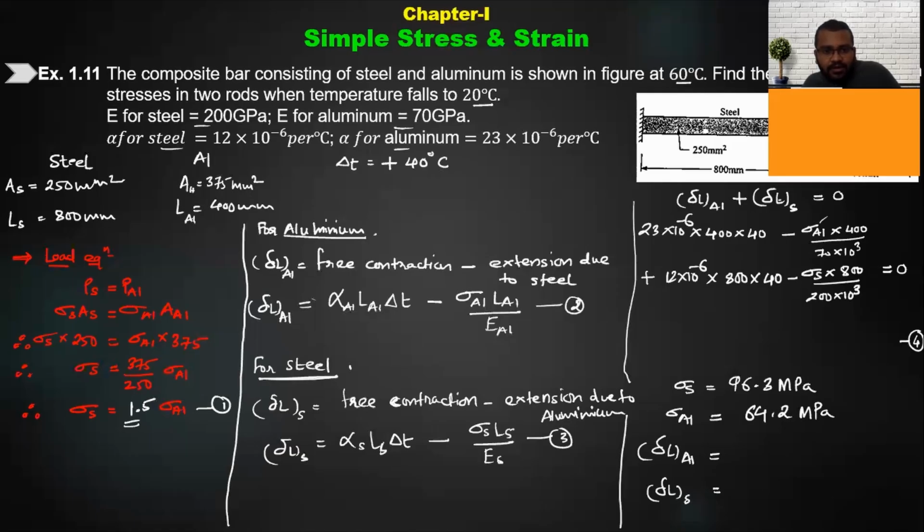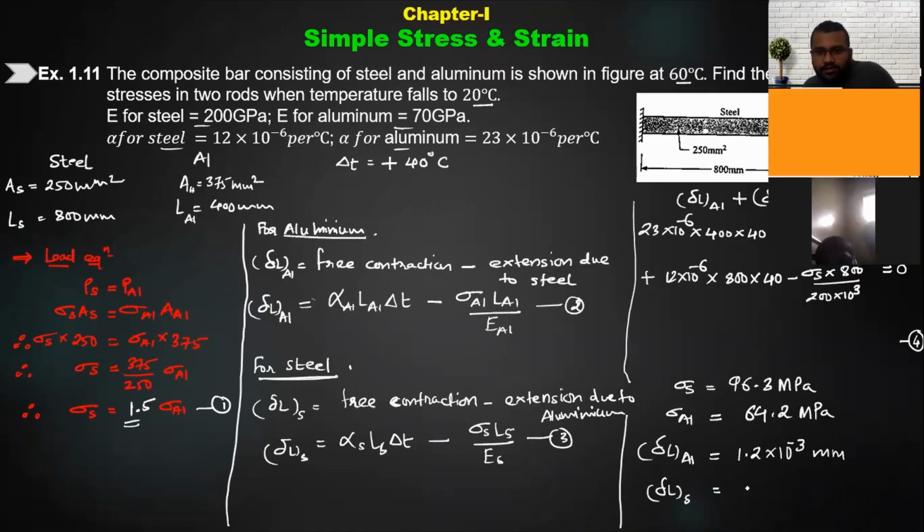Okay, Sudhiti is giving the answer as 1.2 for aluminium. She got 1.2 into 10 raised to minus 3, right, in millimeter.